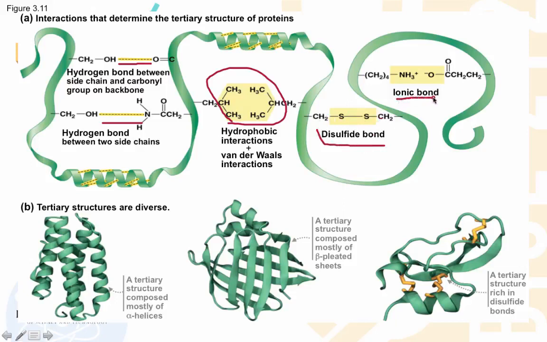Amino acids on different strands can interact via ionic bonds. All of these interactions lead to the great diversity in the tertiary level of protein structure. For example, you can get proteins that consist mainly of alpha helices, or ones that are composed mostly of beta-pleated sheets, and others that are rich in disulfide bonds.